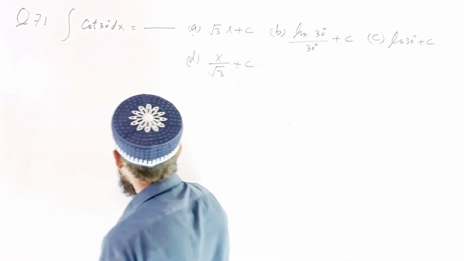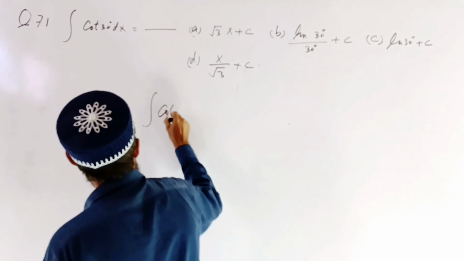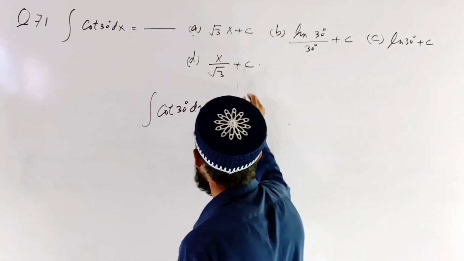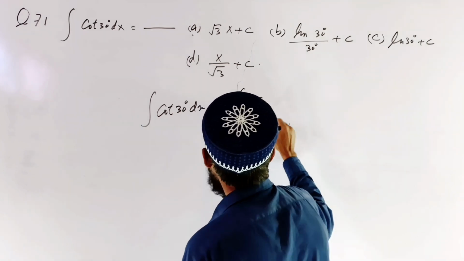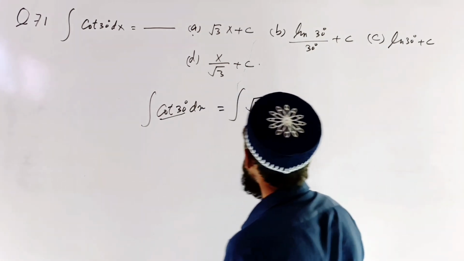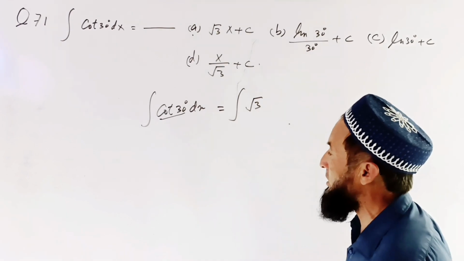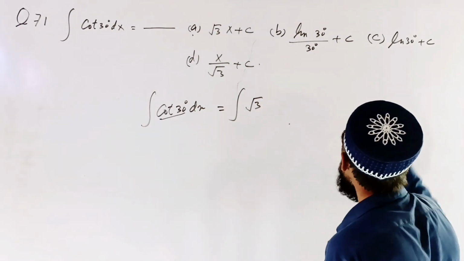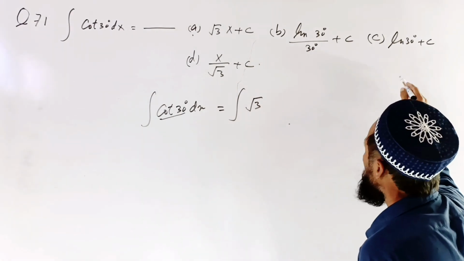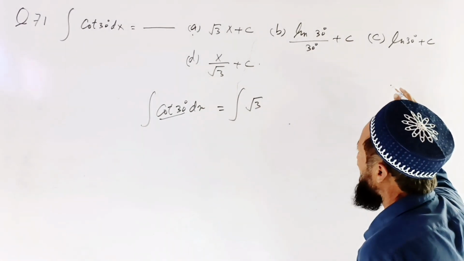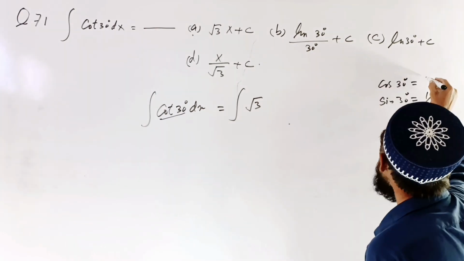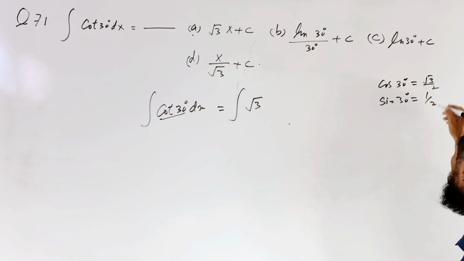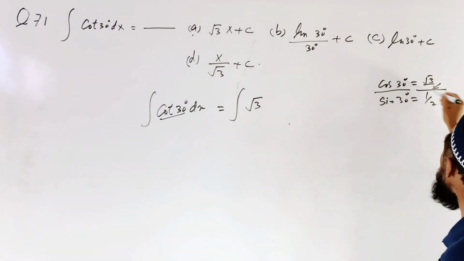Integration of cotangent 30 degree dx. So here cotangent 30 degree is equal to cos 30 divided by sin 30. We get cos 30 is root 3 by 2, and sin 30 is 1 by 2, so both 2s are cancelled.